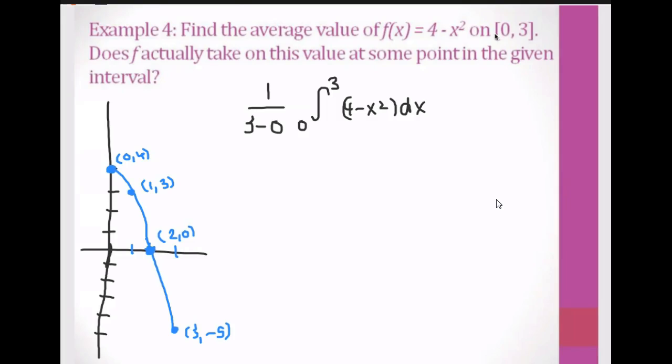That's simply a power rule. So that's 1/3 times (4x minus x cubed over 3), evaluated from 0 to 3.